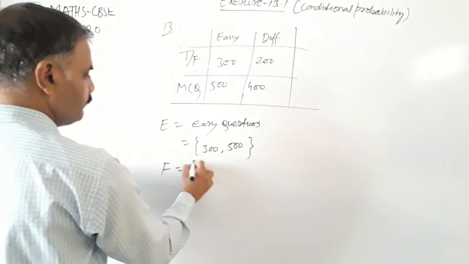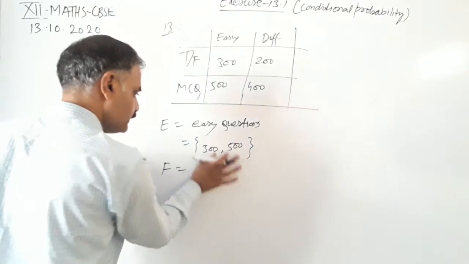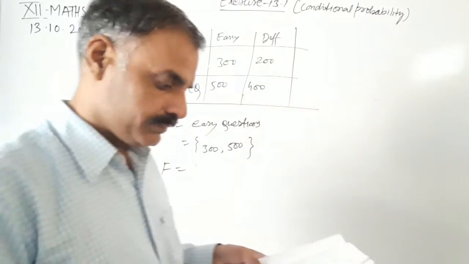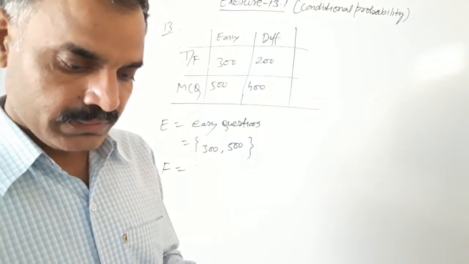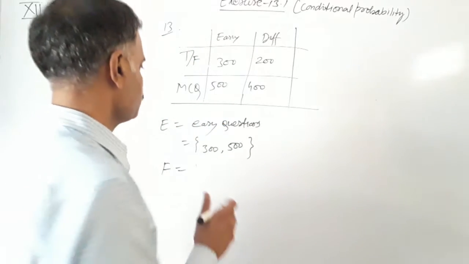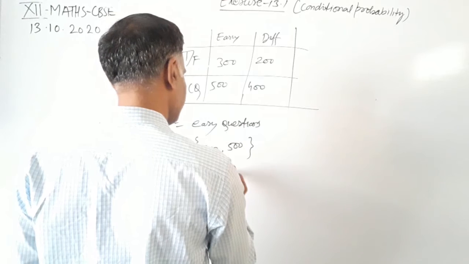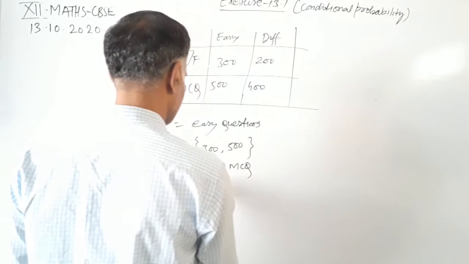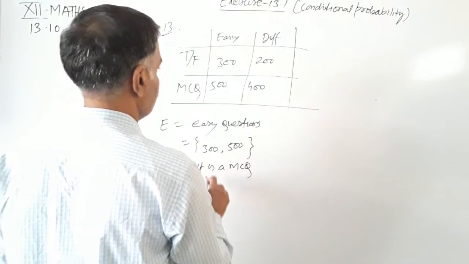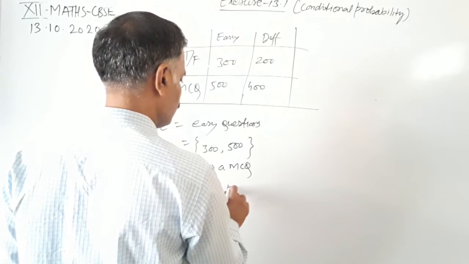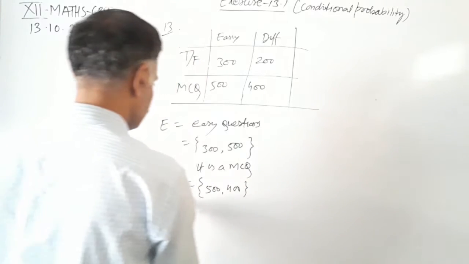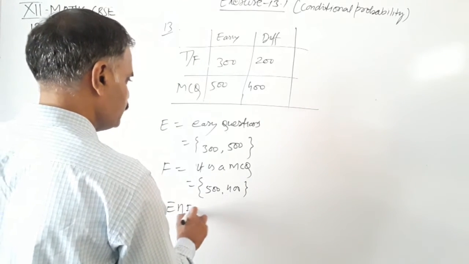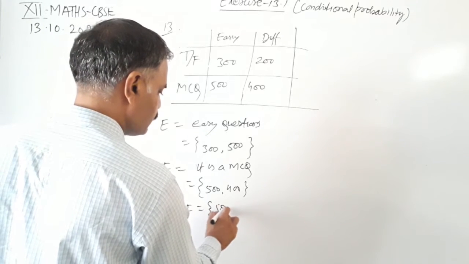And F means it is given that it is a multiple choice question. Multiple choice questions are 500 and 400. So E intersection F is 500.